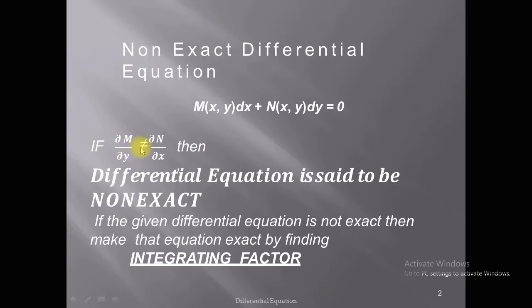If partial M by partial y does not equal partial N by partial x, then the differential equation is said to be non-exact. And if the given differential equation is not exact, then make that equation exact by finding an integrating factor.